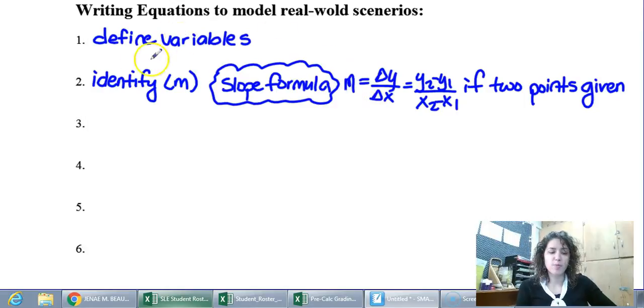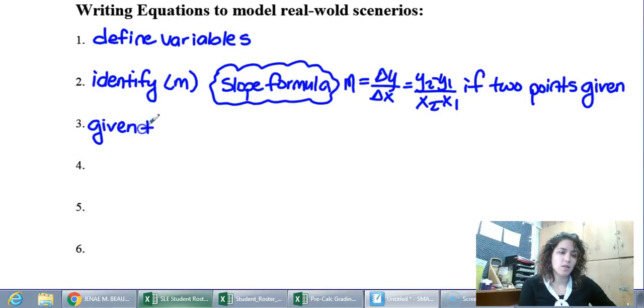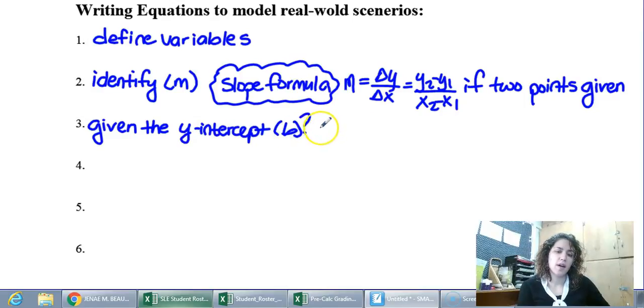So we've got our variables defined, we've identified slope or calculated it if we needed to. Now we have to ask ourselves, are we given the y-intercept, also known as initial value? And this is going to really be important, because if I'm given the y-intercept, it's going to be nice.